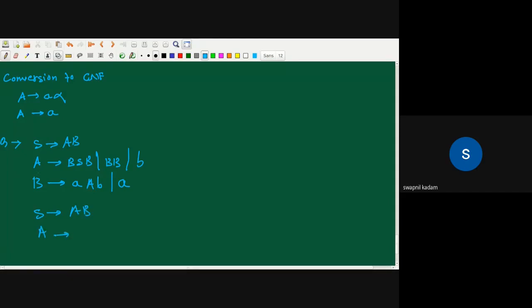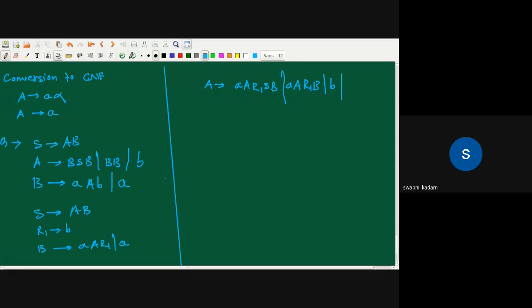I'll put a production of this B into the production of A. Before that, I'll put R1 at the place of this B. I'll take R1 tends to B. So I'm getting a production of B as A R1 A. So if I put the productions of B into this, I'm getting A tends to small a capital A R1 SB, then small a capital A R1 B, and this B.